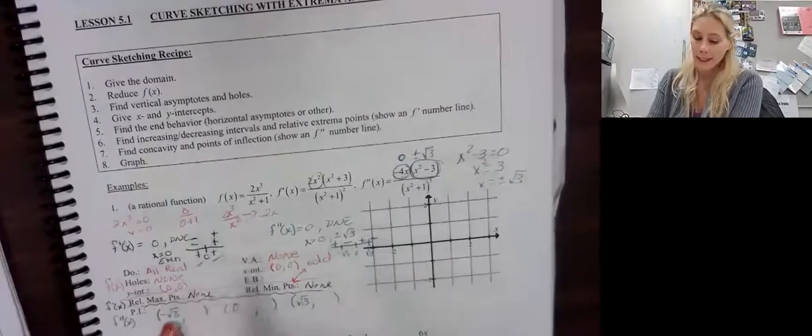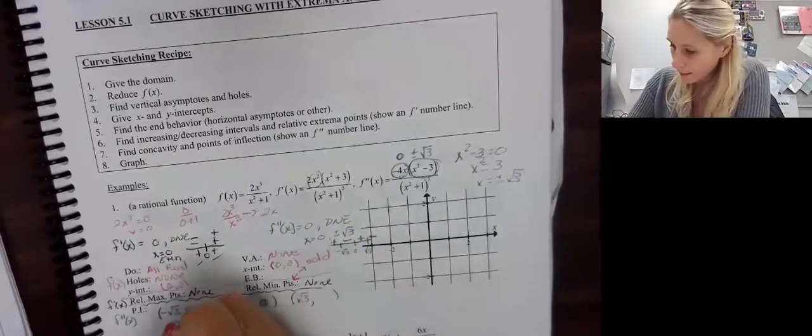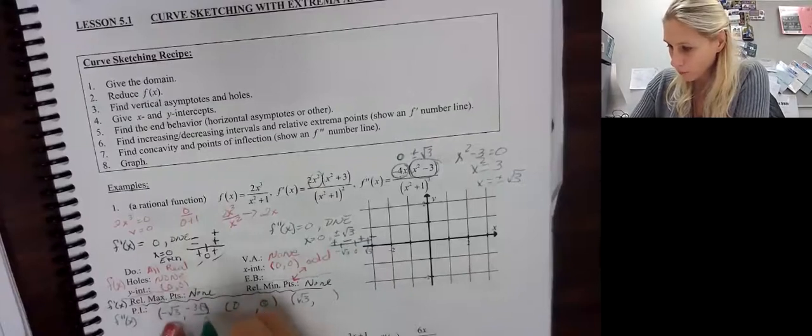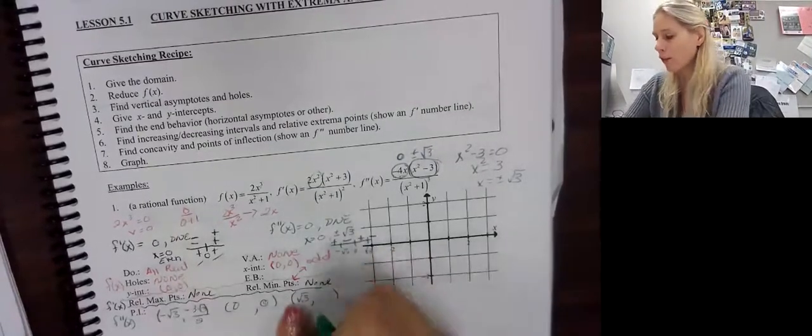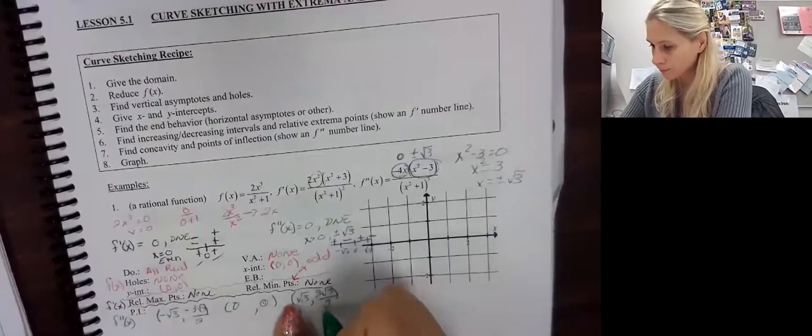So 0, of course, is 0. And if I plug in negative square root of 3, I end up getting negative 3 square root of 3 over 2. If I plug in square root of 3, I get 3 square root of 3 over 2.